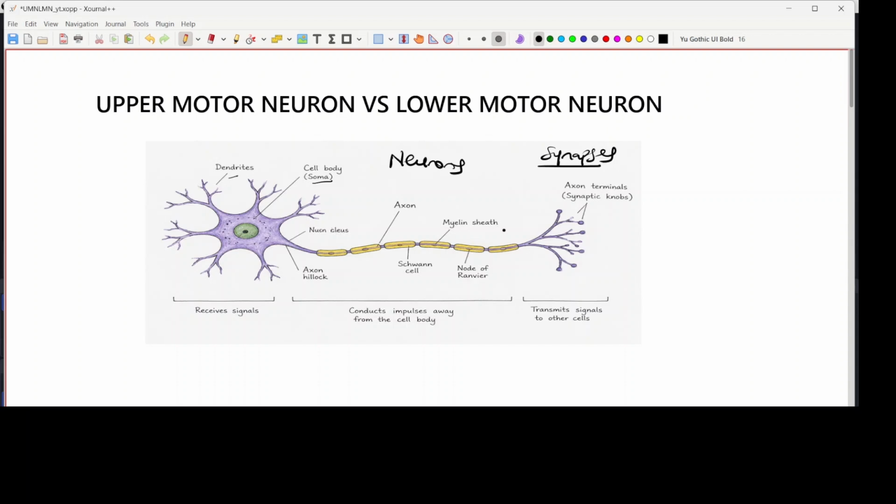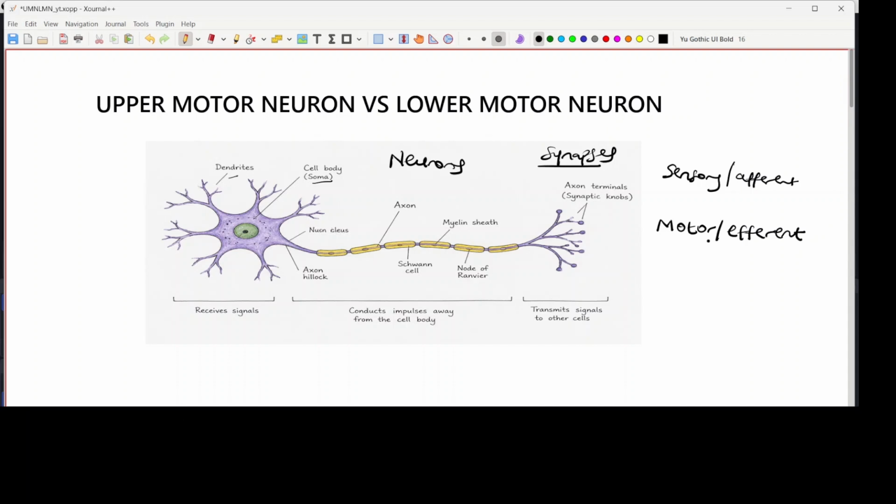Functionally, a neuron can be sensory, also known as afferent. Sensory neurons carry information from receptors to the central nervous system. We also have motor neurons, or efferent neurons.